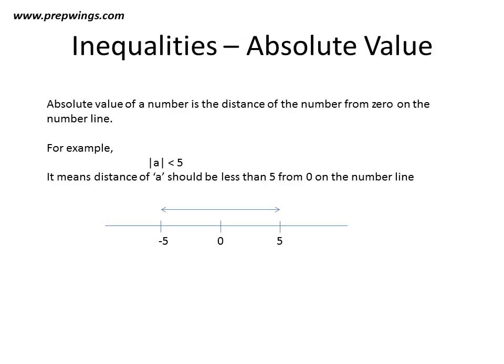So what we need to know is that if absolute value of a is less than 5, it means the distance of a from 0 on the number line is less than 5. The distance can be in the positive direction as well as in the negative direction. So looking at this number line, the solution set of a is that a lies between minus 5 and plus 5. This is how we deal with absolute value and inequalities.